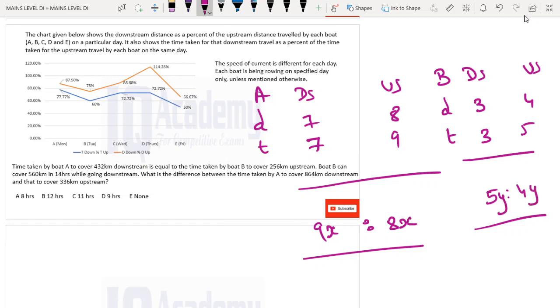So here they have given the time taken by boat A to cover 432 km downstream is equal to the time taken by boat B to cover 256 km upstream. So 432 by 9x is equal to 256 divided by 4y.